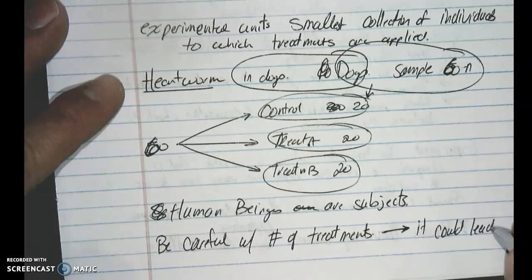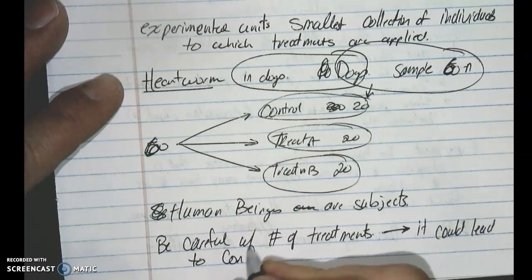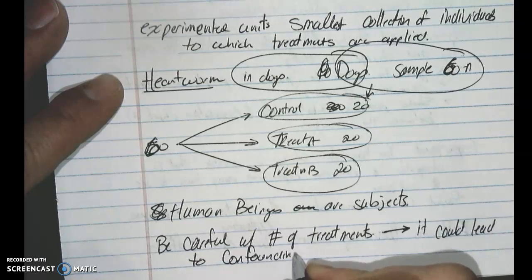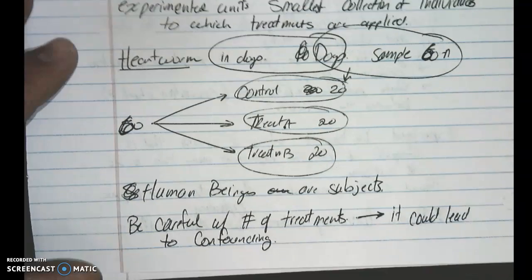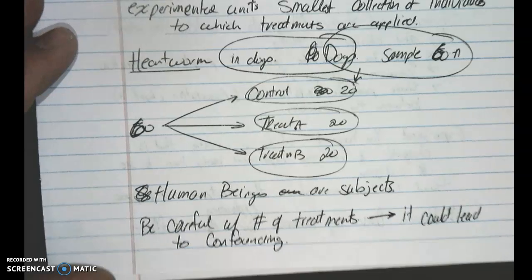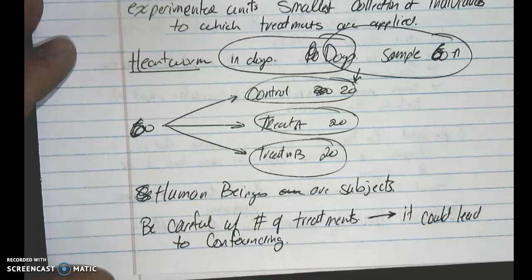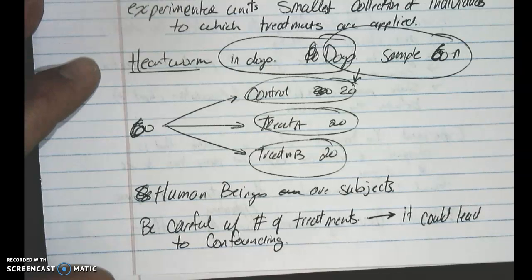Something you just learned today. Exactly. So even with our experiment and we do everything we're supposed to do, if we get too many treatments, that's going to lead us into something that could be leading into confounding. Okay?